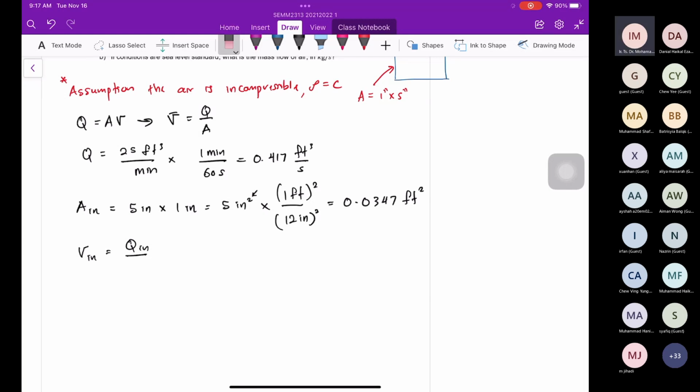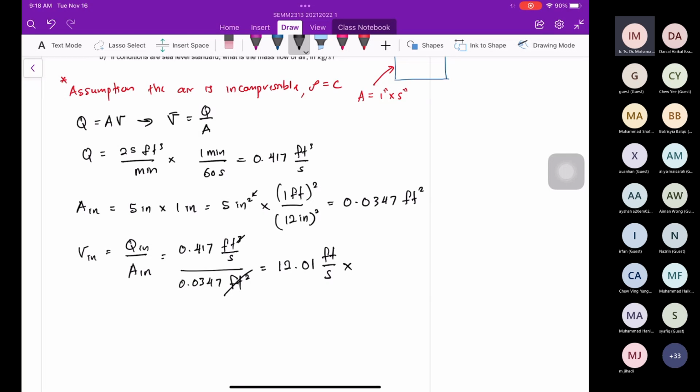Q over area is 0.417 feet cube per second over 0.0347 feet squared. The feet squared cancels with this one, and you will get 12.01 feet per second.